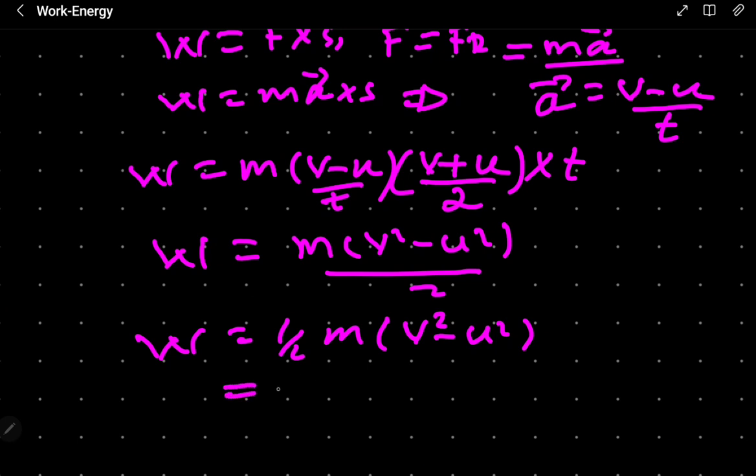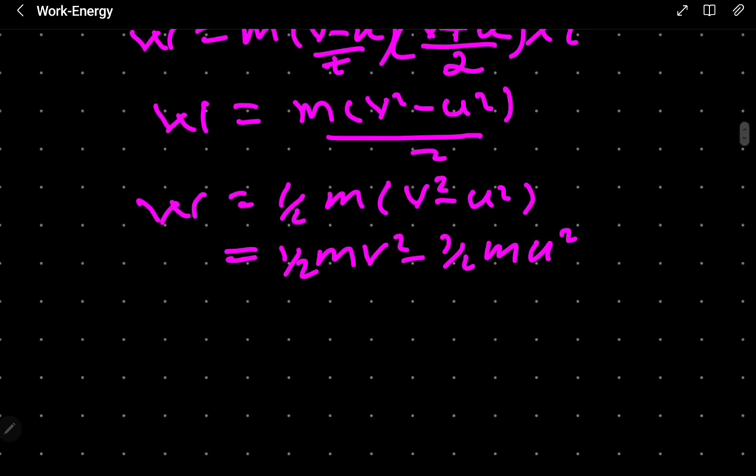When you distribute this, you get half of the mass times v square minus half of the mass times the initial speed square. You know from your lower grade general science that half times the mass times v square is the kinetic energy of the mass final, and half of the mass times u square is the kinetic energy of the mass initial.